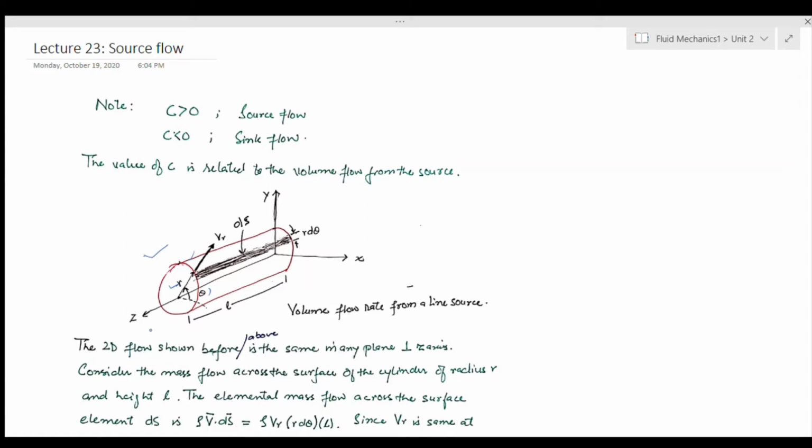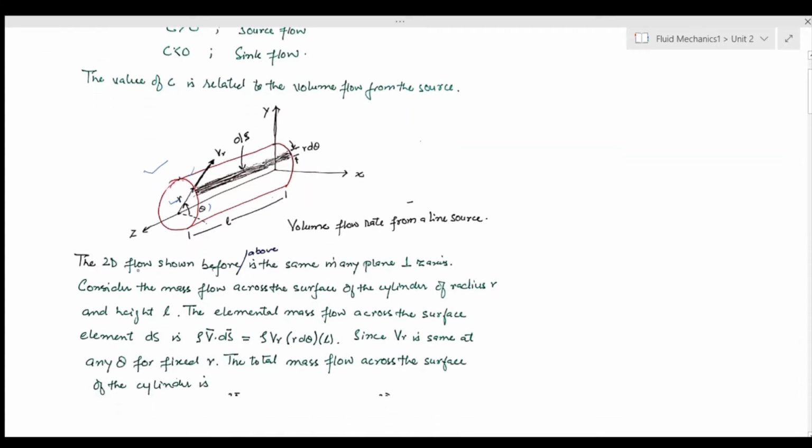The length of this cylinder is L. What we are saying is that the value of C is related to the volume flow rate of the source. This constant C tells us how much volume is coming out from the source, or how much volume is going into the sink.